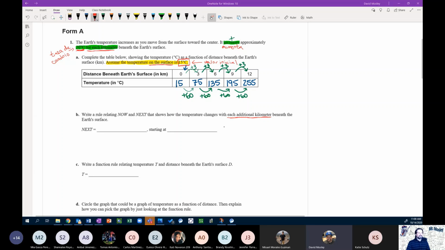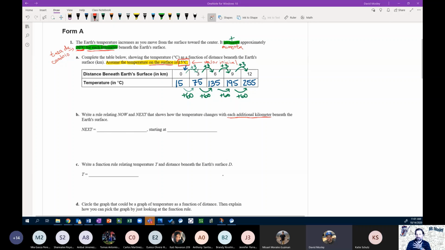Is this asking for the rate of change for adding 3 kilometers or for adding 1 kilometer? It's a good guess, Damien.